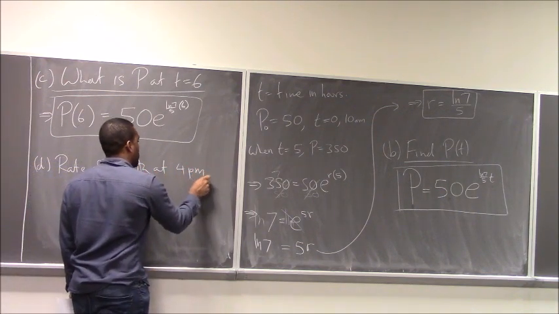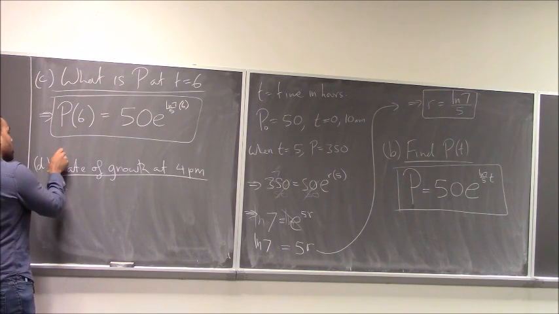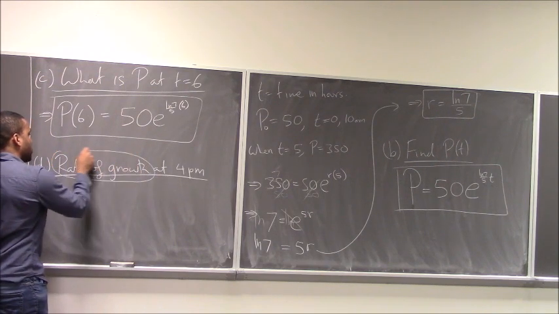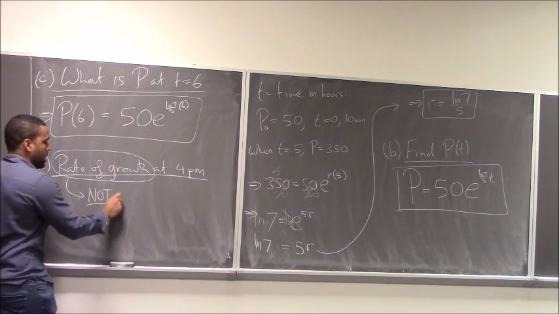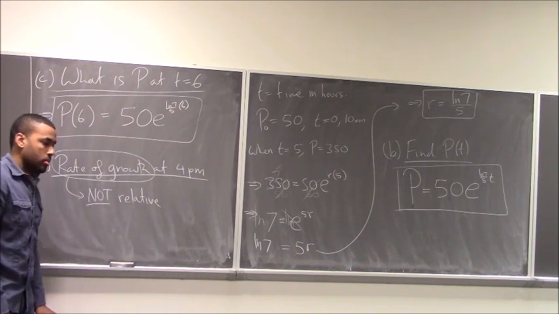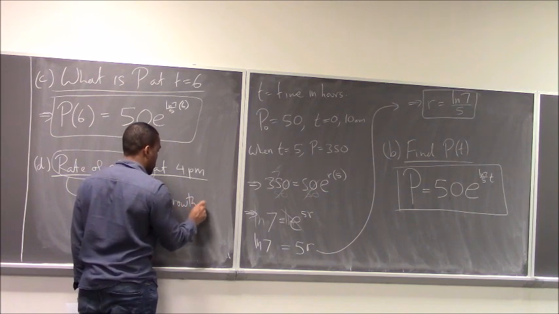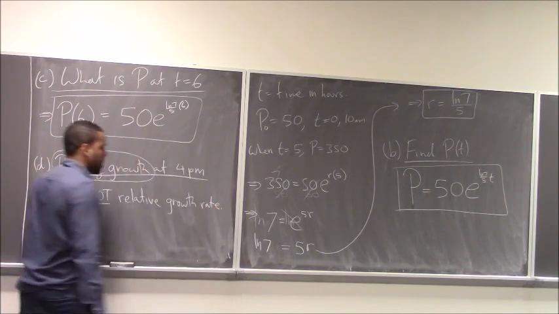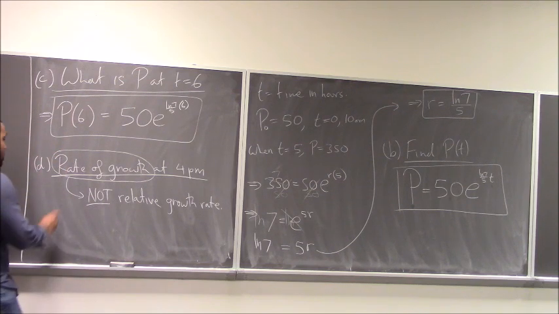Rate of growth at 4 p.m. Okay. Now, one thing I want you to remember is that rate of growth is not the same as the relative growth rate. This is why I want you to pay attention to the wordings of this. Rate of growth here refers to the rate at which P is changing.